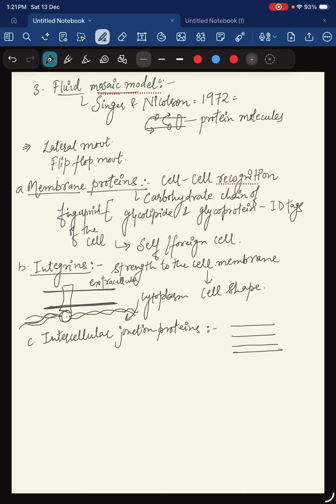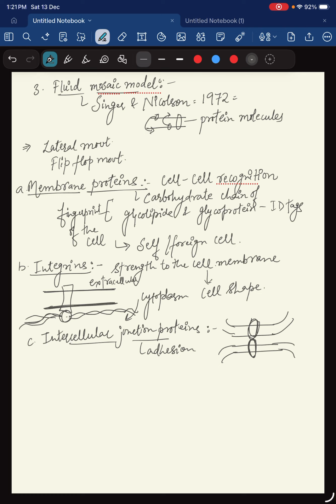So to connect each other, intercellular junction proteins are present which connect these two cells together and provide a type of adhesion, and stick together through tight junctions and gap junctions.